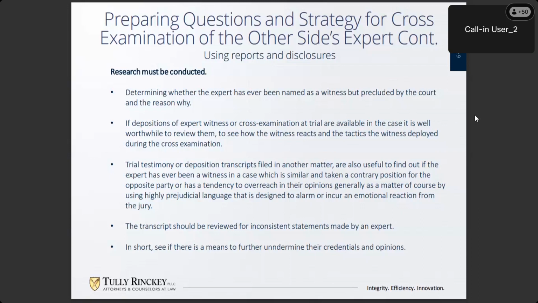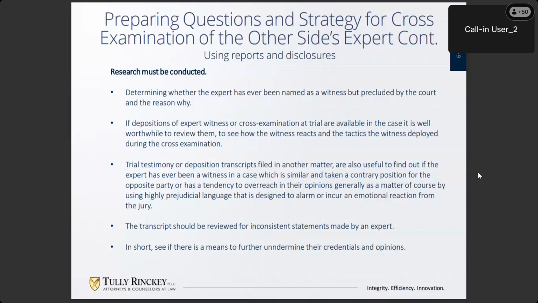Sometimes you can observe that the expert has a tendency to use inflammatory, alarming language designed to incur an emotional reaction from the jury, has a tendency to overreach in their opinions, or has even taken a contrary position for the opposite party, using similar language either in their report or during their deposition in another similar matter.